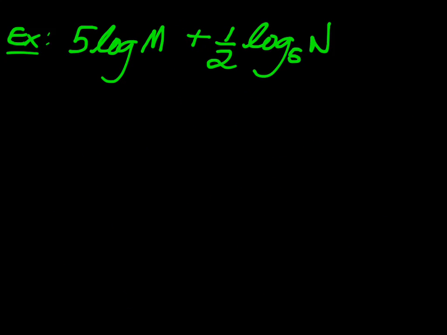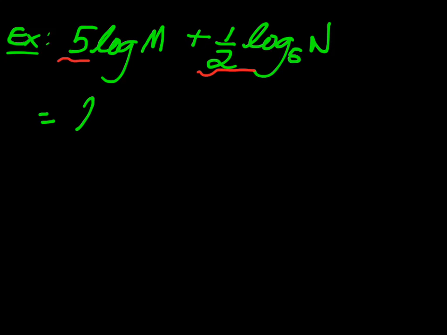All right, let's try another one. Here we want to put together what we have, simplifying as much as possible to write it in terms of a single log. First, we have some constants multiplying these logs, so we can use our third rule and put those as exponents inside the log function.